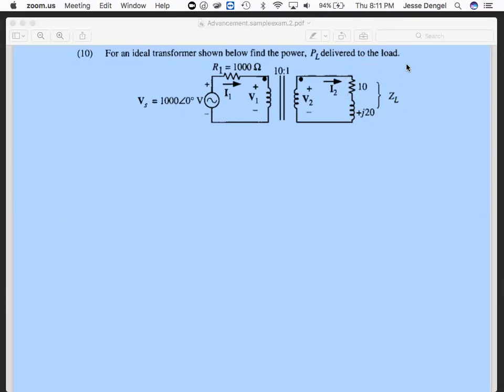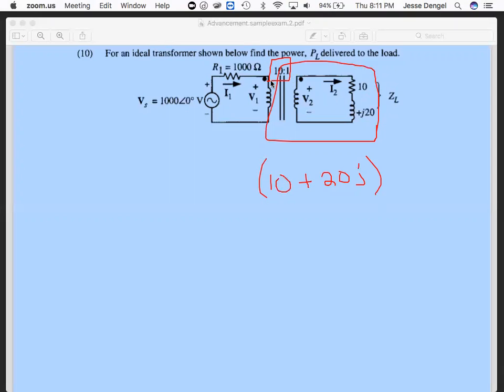What we do, start off with, is we find the reflected impedance. So we're going to start with this circuit right here. The reflected impedance is just the impedance of the circuit, so 10 plus 20J, all times this number right here.